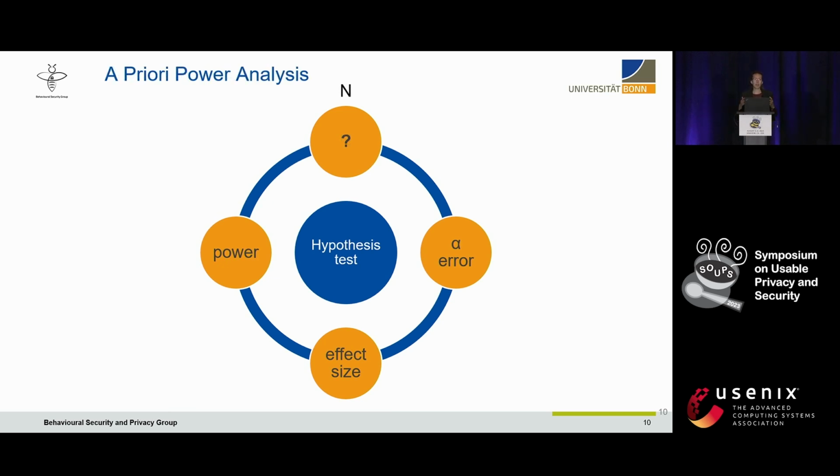There's, of course, different types of power analysis depending on which of these 4 characteristics you're interested in, but usually what we're doing is a priori power analysis. So we're interested in calculating the sample size we need before our study. And then we, of course, need the other 3 characteristics. So for power and for the alpha error level, that's simple enough because there's conventions of what is considered acceptable. And for power, this is 80% of power, and the alpha error level is generally put at 5%, so 0.05.